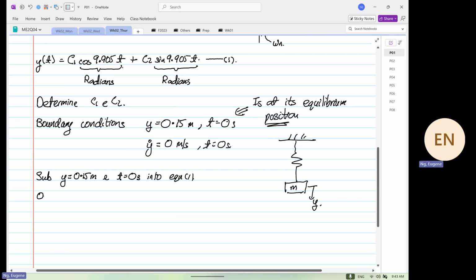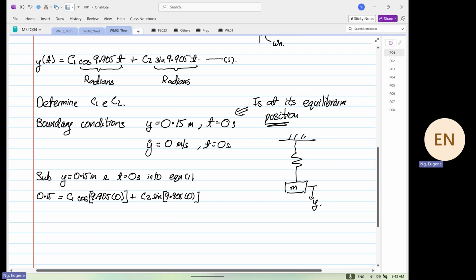So this is 0.15, which is equal to C1 cos of 9.905 multiplied by 0, plus C2 sine of 9.905 multiplied by 0, square bracket on the outside.